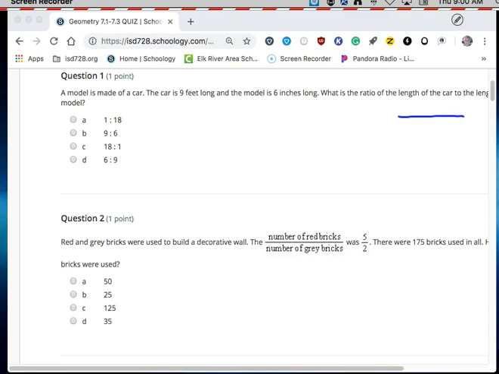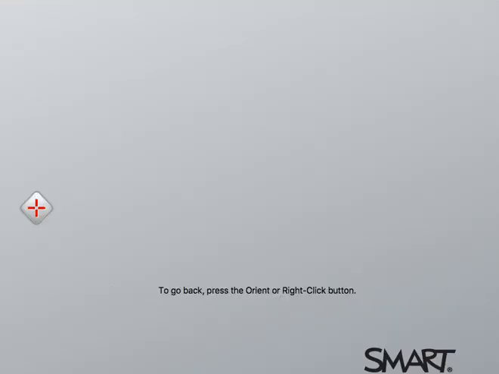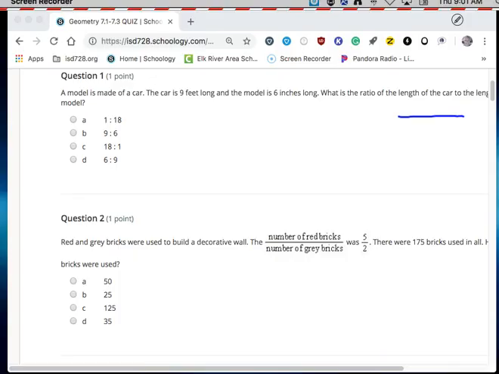When I'm talking about the length of the car, I'm going to find the units for both of them to be together. I can either put them both in feet, or I can put them both in inches. But I don't want to have one in feet and the other in inches. Okay. So I've got 6 inches and 9 feet. So let's put them in feet. And I've got the ratio of the length of the car to the length of the model.